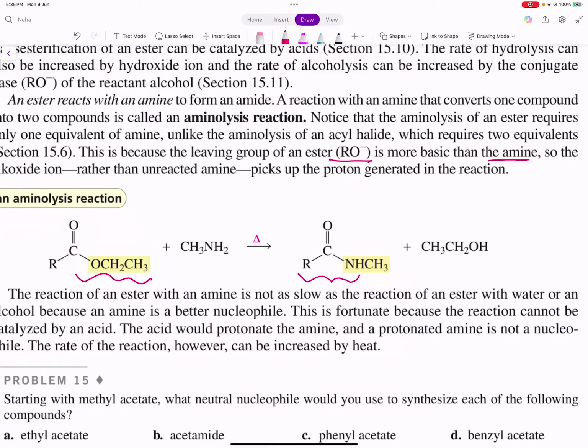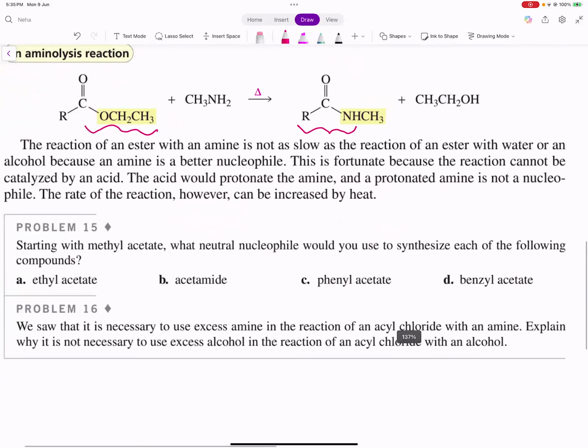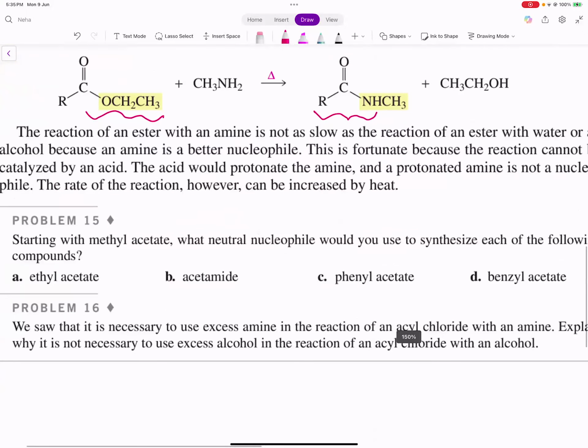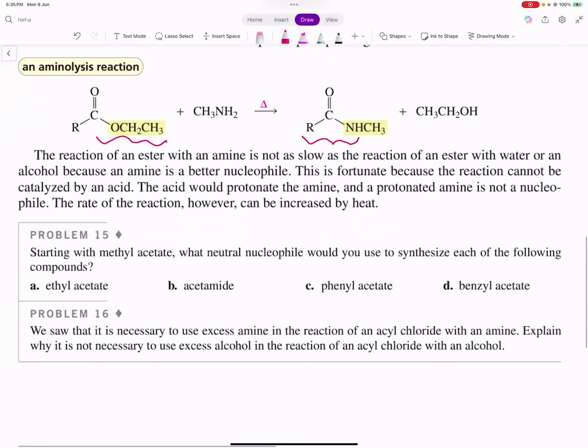So what I want you to do is, starting with methyl acetate, what neutral nucleophile would you use to synthesize each of the following compounds? So you can do A, B, C, D, and you can send it to me. Okay.